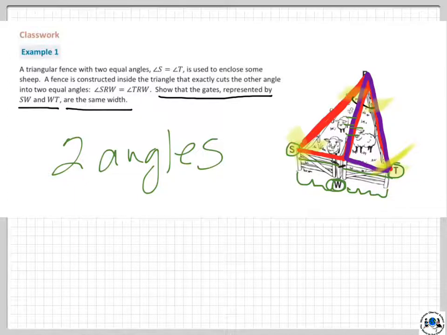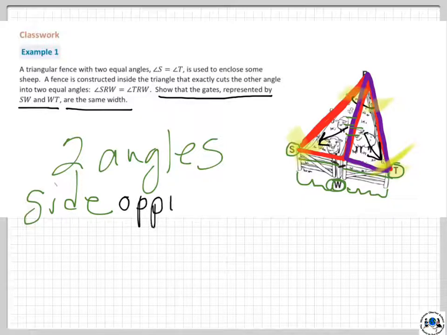So we have two angles and a side condition, and that side happens to be opposite of an included angle, which is right there. An angle, opposite an angle, there and there. The same. So two angles and the side opposite a given angle.